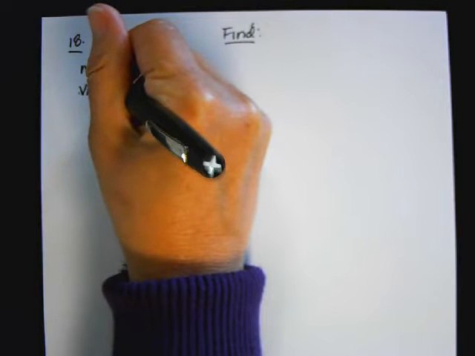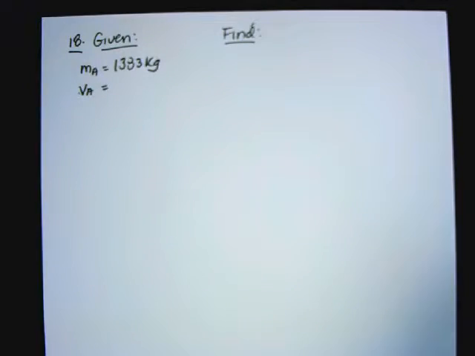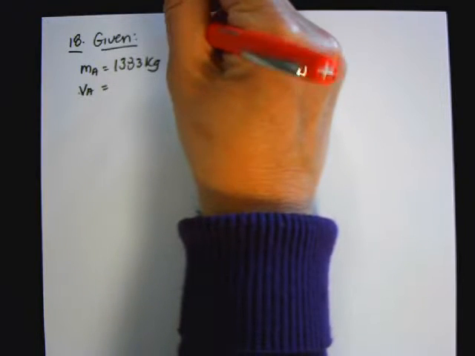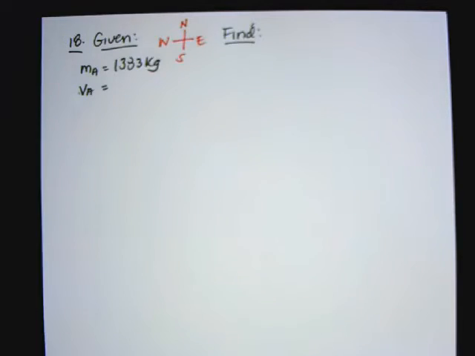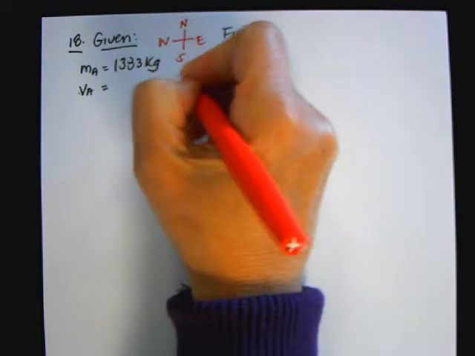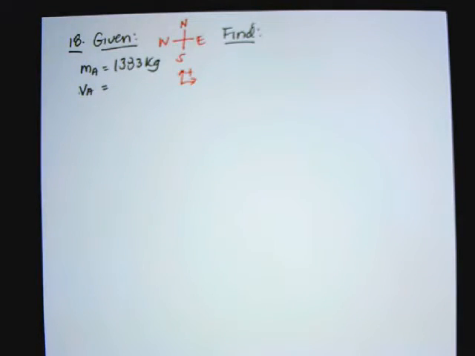Now, I always have to have a sign convention in physics. So first of all, for my direction, I'm going to do north, south, east, and west. And I'm also going to establish my sign convention, and we'll just use the same sign convention that up and to the right is positive like we usually do.